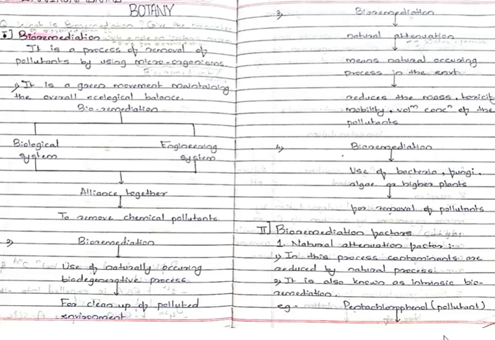In this process the contaminants are reduced by natural processes, and it is also known as intrinsic bioremediation. That means the pollutants from the atmosphere are removed by natural processes using different microorganisms. That is natural attenuation.